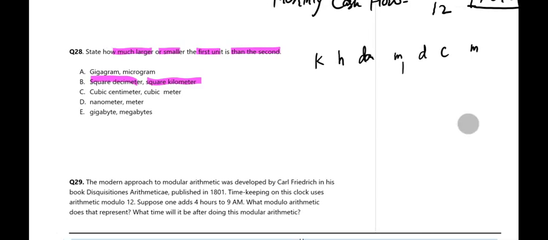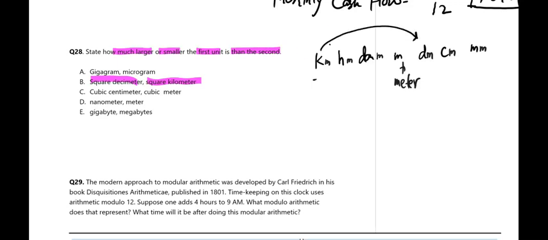So if you want to see how many decimeters equal one kilometer, you have to go this way. Kilometer here, decimeter here.